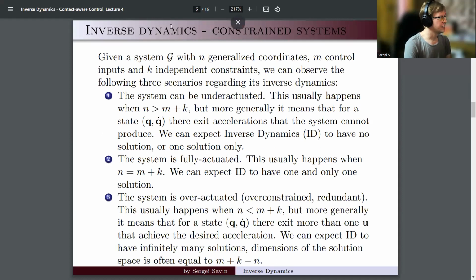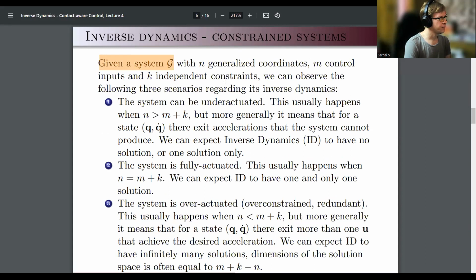Now, some observations before we move on. Maybe this should be at the end of the slide, I don't know, but let's make some observations. Given the system with n generalized coordinates, m control inputs and k independent constraints, we can find three different scenarios.